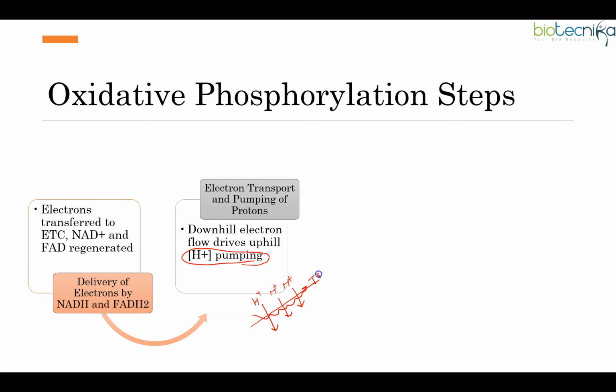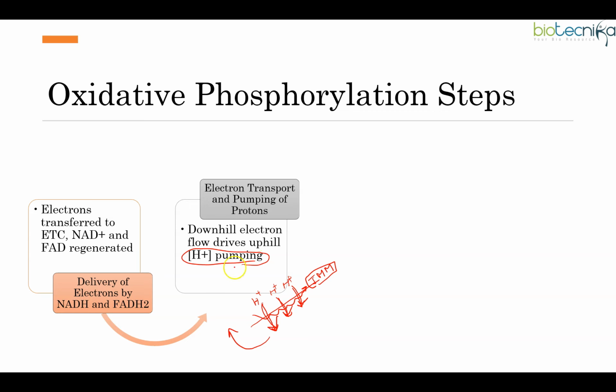The inner mitochondrial membrane is impermeable to these H plus ions, hence H plus ions cannot just directly cross the membrane. They have to either get pumped through the complexes, and if they have to come the other way, they will do so through a proton channel present in the ATP synthase enzyme complex.